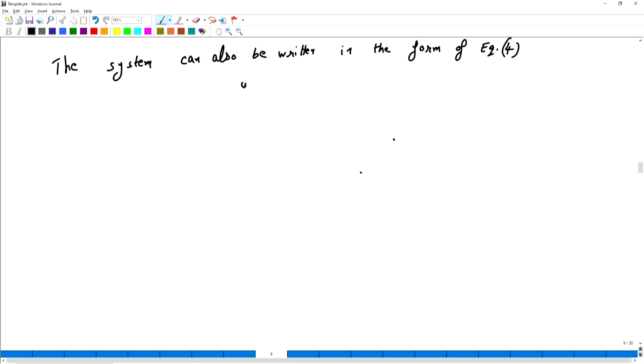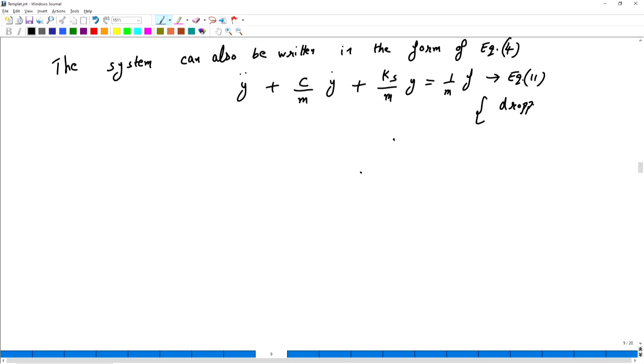That is y double dot plus c by m into y dot plus Ks by m into y equals 1 by m into f. Let us take this as equation number 11. Again I am dropping the t term for convenience.